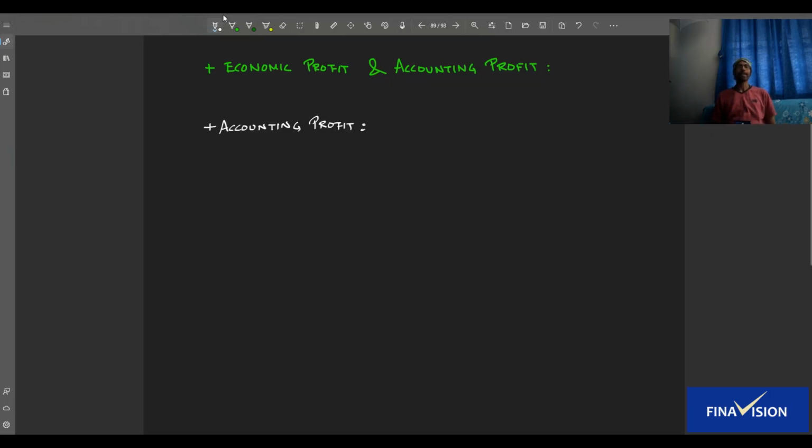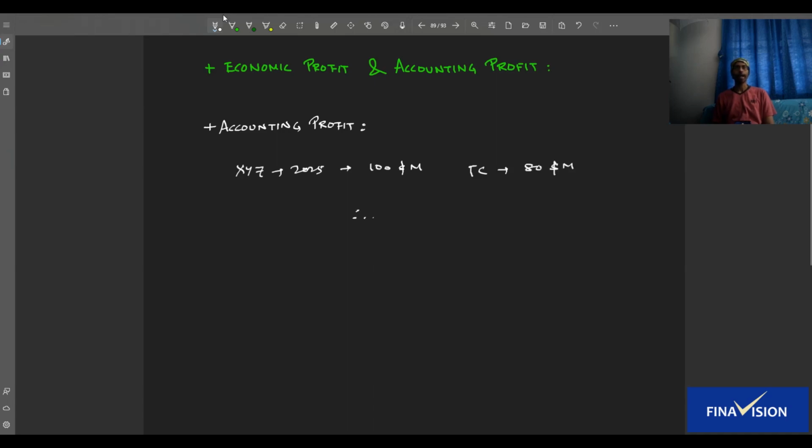Accounting profit is nothing but the numerical revenue minus the total cost that is incurred according to the accounting method or the balance sheet of the business. Let's say there is a business XYZ which in this year 2025 has earned $100 million and its total cost has been $80 million.